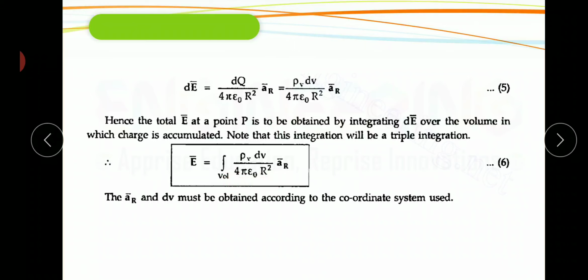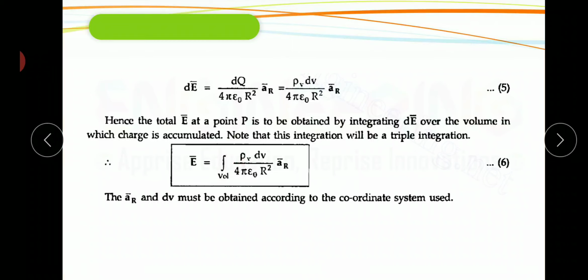Here rho v is the volume charge density, dV is the differential volume, r is the distance between the differential volume and the point, and ar bar is the unit vector in the direction of the distance between the differential volume and the point.